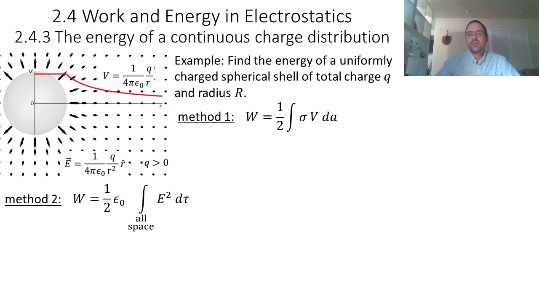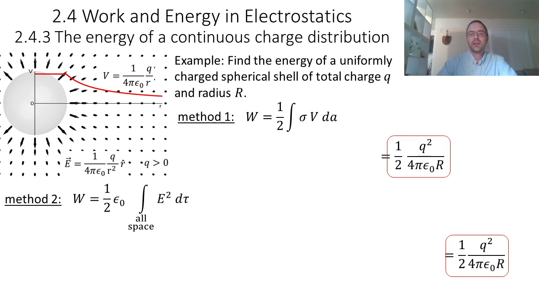W is 1/2 epsilon naught integral over all space of E squared d tau. So now I will pause a little bit and let you do this on your own as an exercise. If you do this correctly, of course, you should find the same answer with both methods.